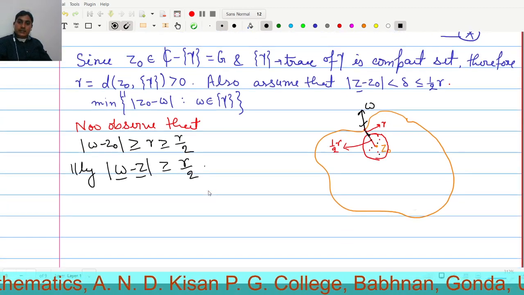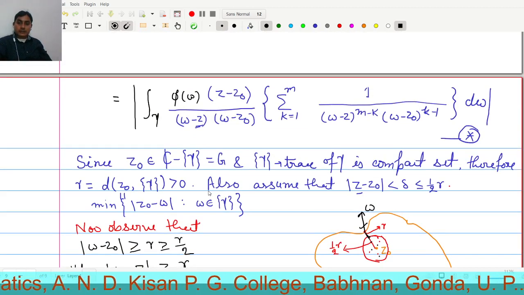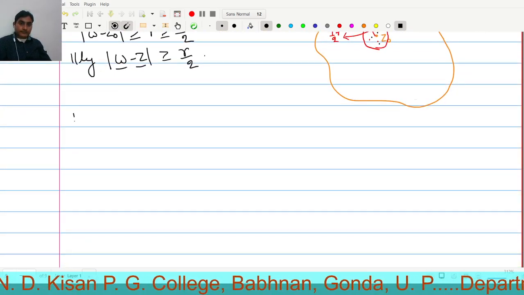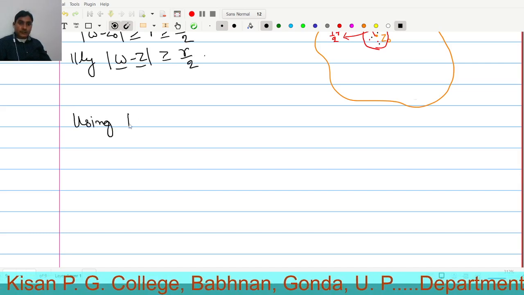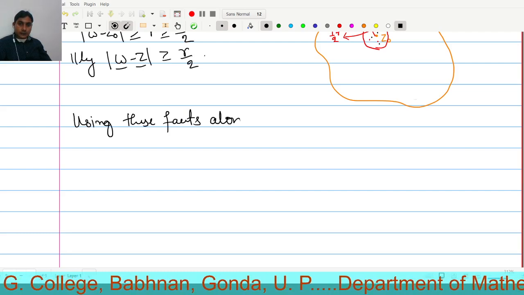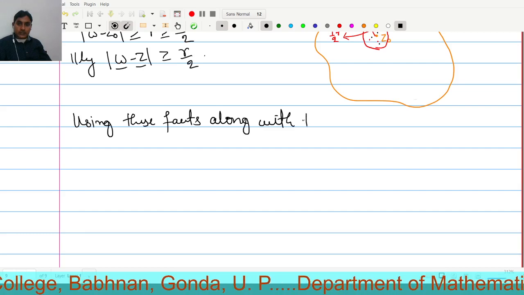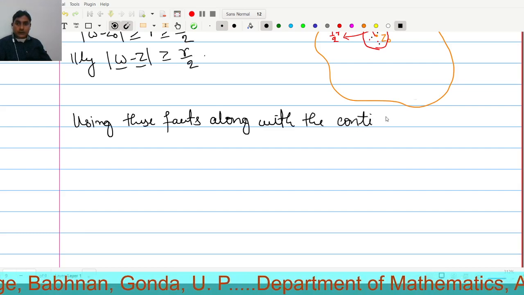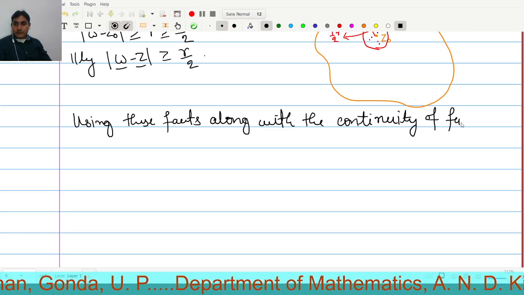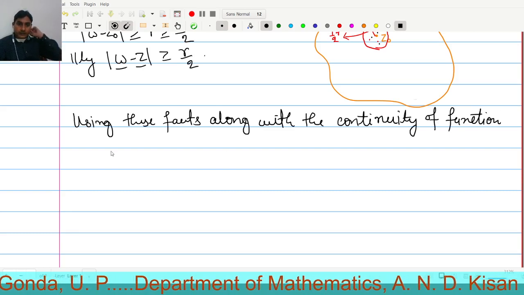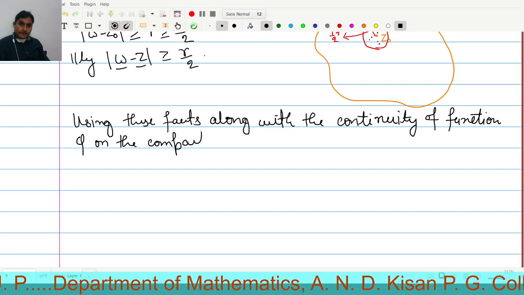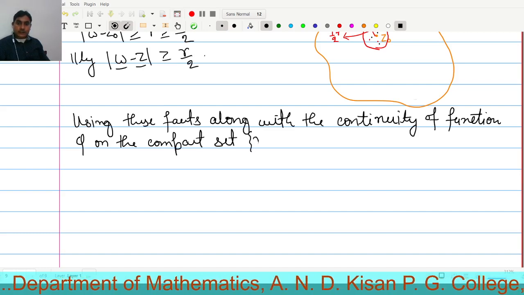Using these estimates, the star relation that we took earlier can be written as follows.